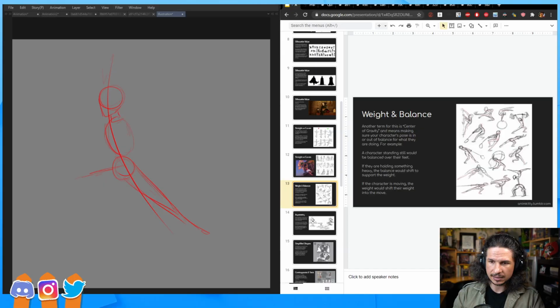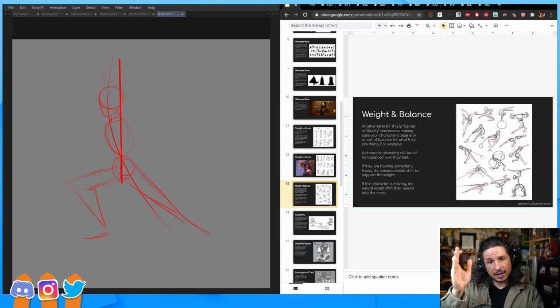So you get this, drawing it very simply here. So something like that. But if you look at where the hips are in comparison to the head and neck, see how they're all lined up? If I just do a straight line right here, they all kind of line up with each other a little bit. That's a human tendency that we have.